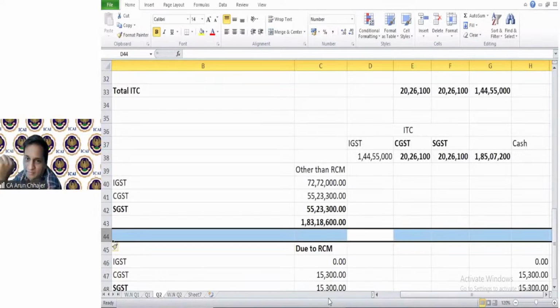Very good point, Sriram. For the time being, please avoid Rule 86B.